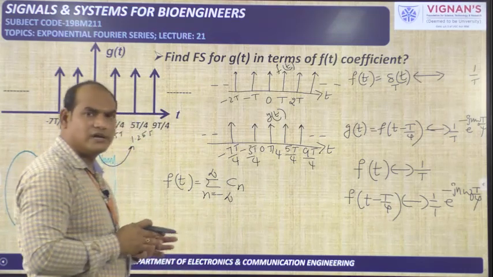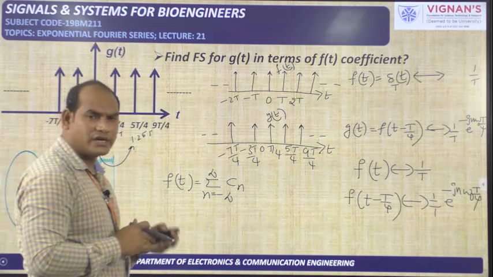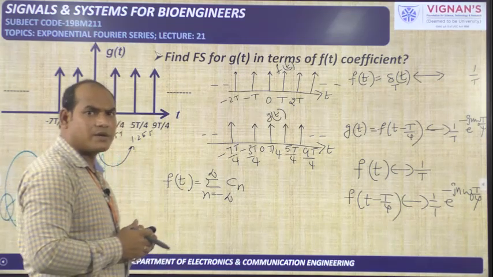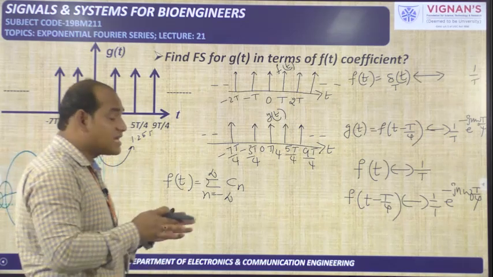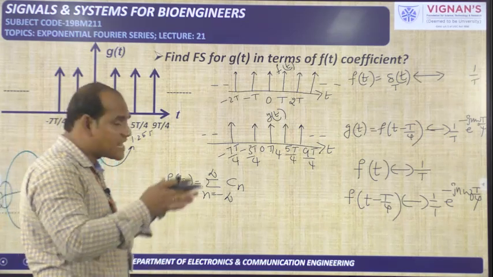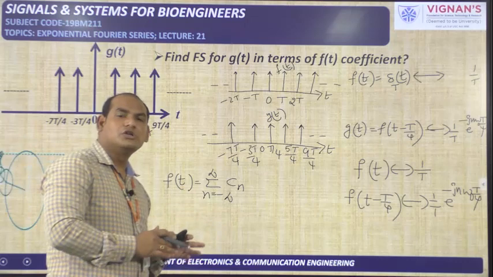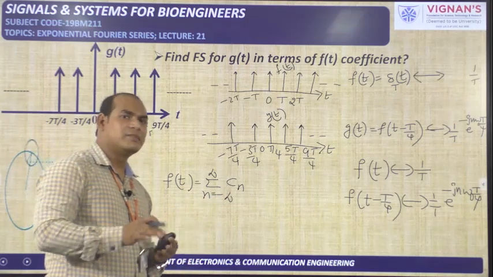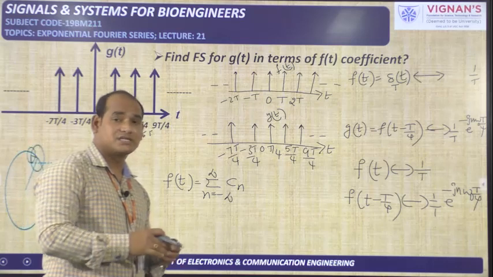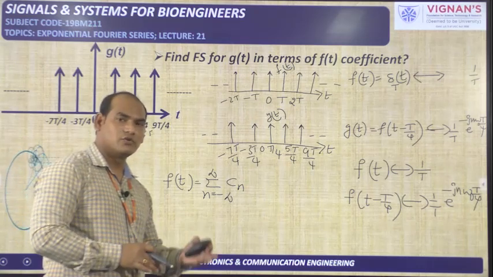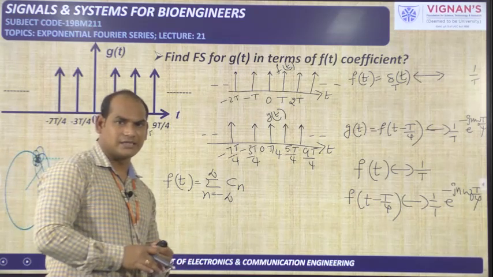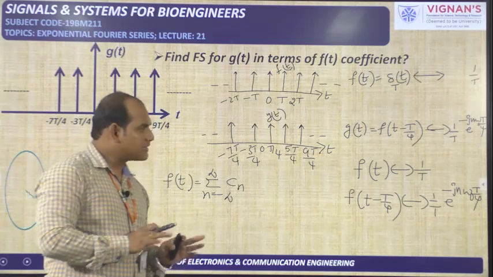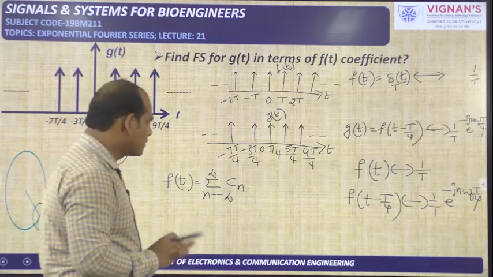In Fourier series you will get almost 10 properties, Fourier transform 10 properties, Laplace transform 10 properties, Z transform 10 properties, but all are similar only. Because we have started the properties just now, it will be somewhat confusing. But if you try to understand this one, all the remaining things are very easy, because same properties will be repeated in all the Fourier transform, Laplace transform, Z transform, like that. Okay, because it is a starting point, you may get some confusion, but listen carefully, it will be avoided.